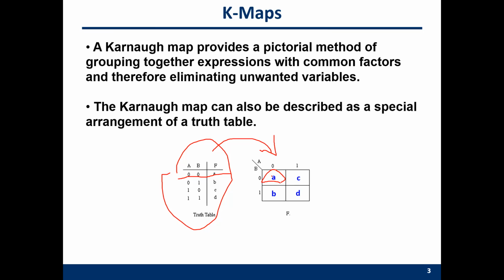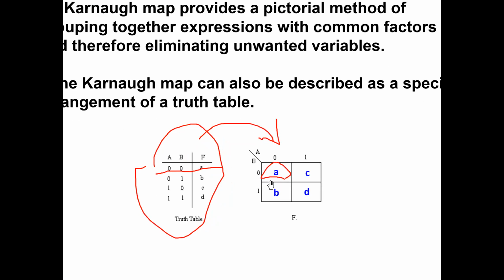The output can be 1 or 0. Then we fill in the outputs like this. You can check randomly, for example, this box. For this box, B is 1 and A is 0. Then we go to this row: B is 1, A is 0, which corresponds to the second row. So each box here indicates one row in the truth table.